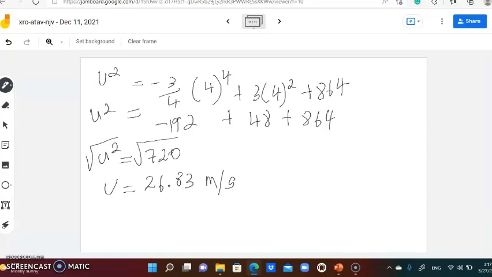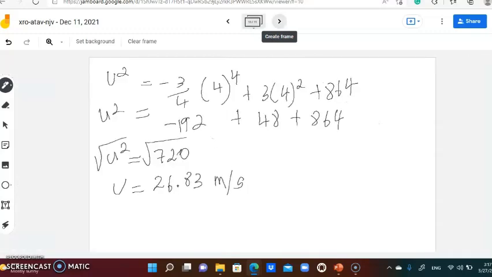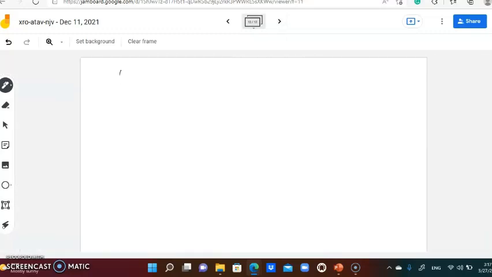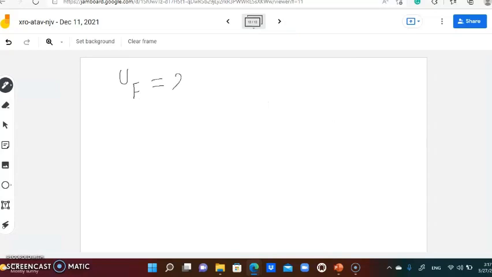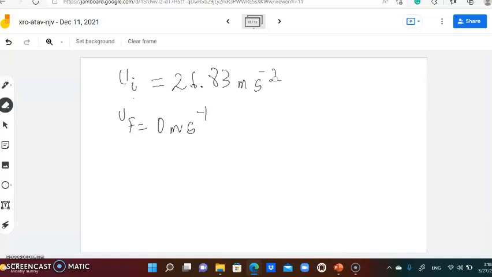Now, I want to find acceleration. The mere fact that the object came to rest means that the initial velocity that we have working with here is going to be 26.83 meters per second, and we can write that, the initial velocity, and we're calling that u sub i, and our final velocity would have actually been 0 because the object came to rest after traveling 6 meters.